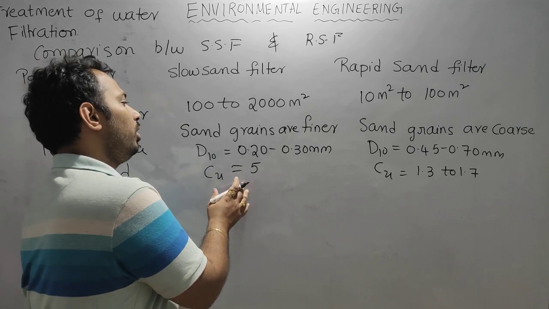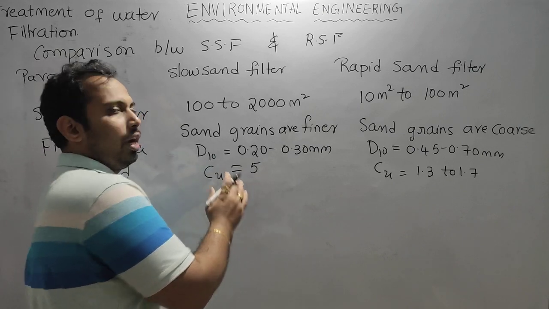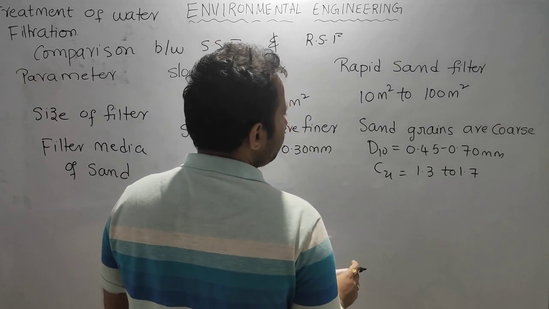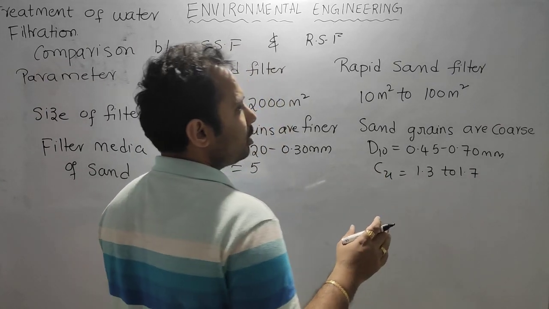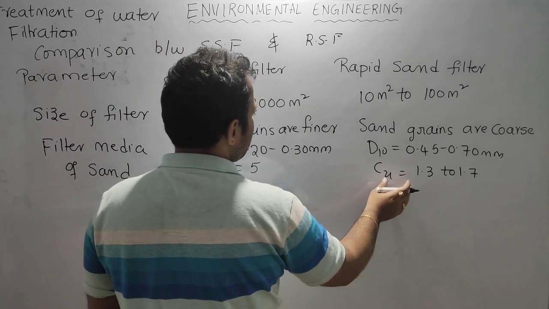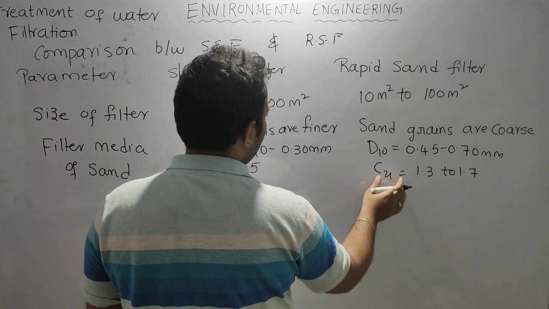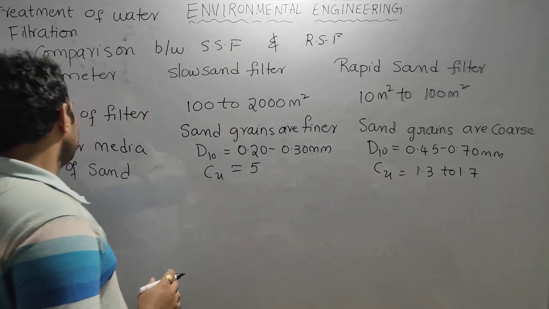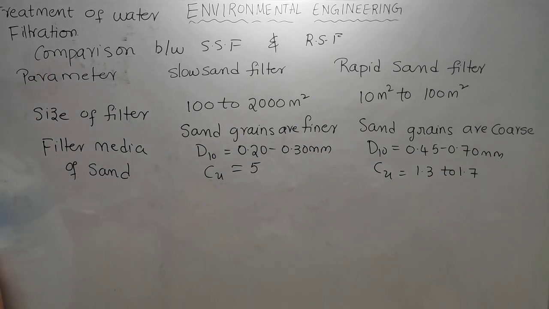Here the coefficient of uniformity is more, that means here we use well graded sand, but here we use uniformly grained sand in order to have more void spaces so that the rate of filtration will be more. So that is why we keep larger diameter and also uniform material here. That is poorly graded. It is well graded. That is filter media of sand.